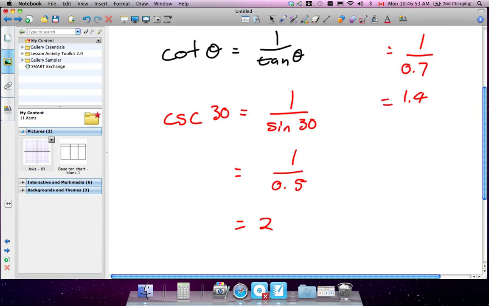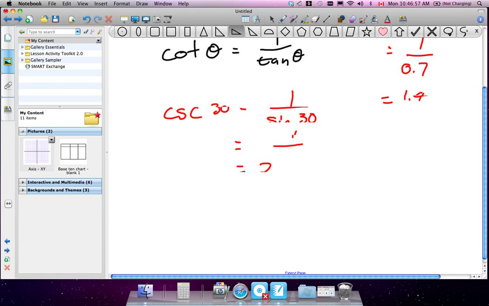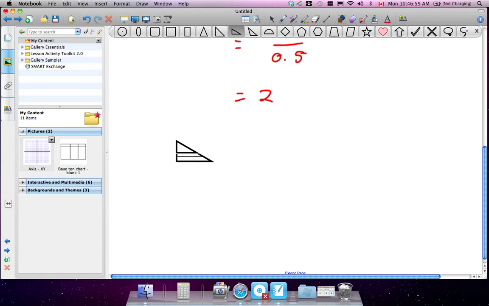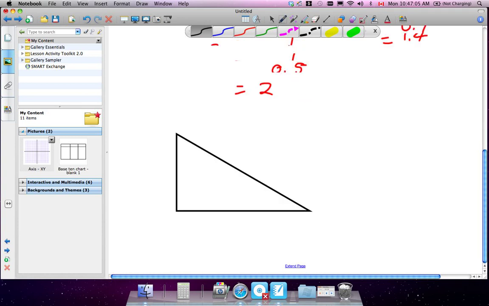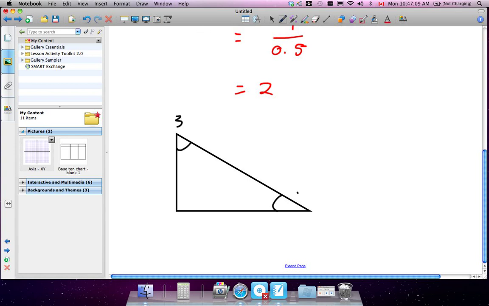We got 2 easily by plugging the numbers in. Technically what they wanted us to do, again, is set up a special triangle. I'm used to this being 30. Always draw the triangle the same and then just flip it for yourself. That way it's easy to memorize. We know that this is 1, root 2, and 2.